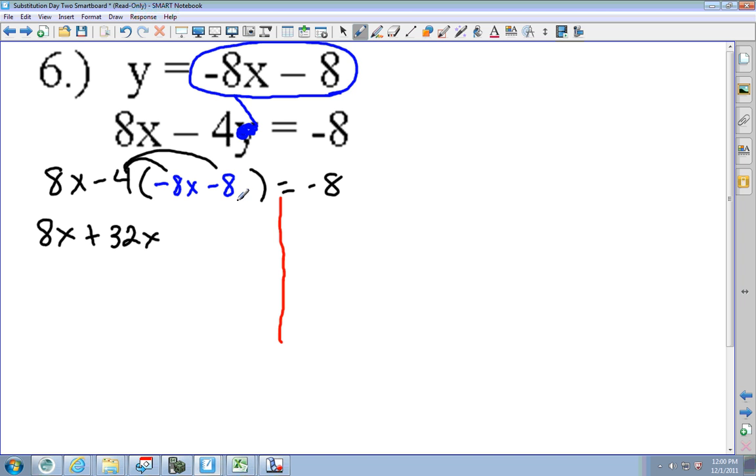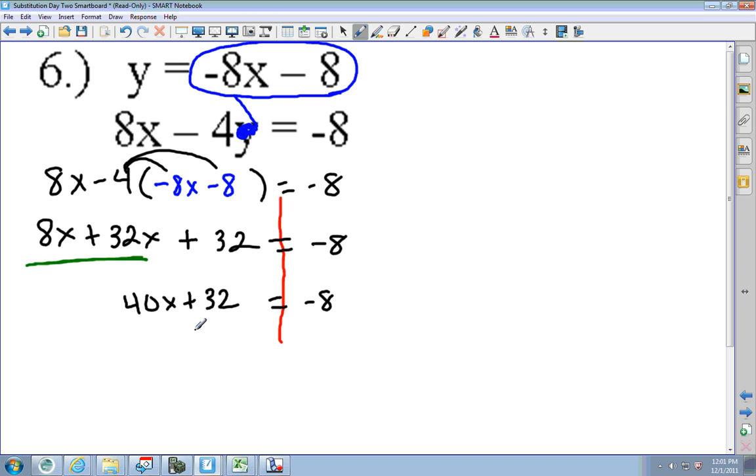Negative 4 times negative 8 is a positive 32. And this equals negative 8. Well, now what do you do? Put these two together. I get 40x plus 32 equals negative 8.